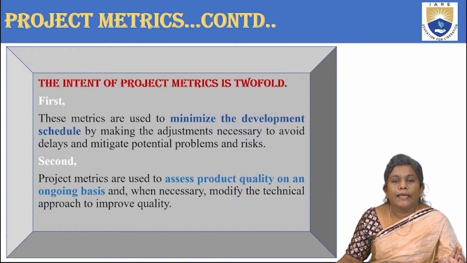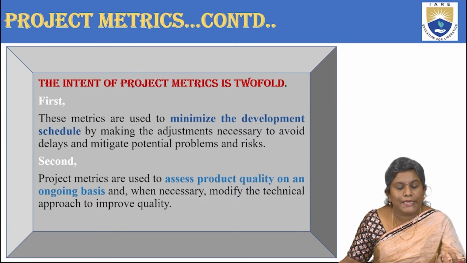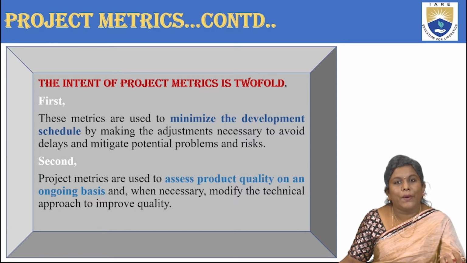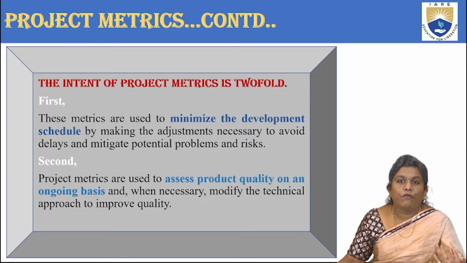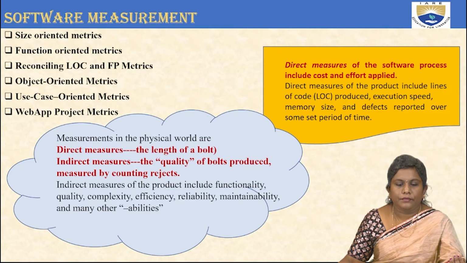So I repeat, the intent of project metrics is twofold. First, you concentrate on how you minimize the development schedule, how you adjust things and know the risks. And secondly, it focuses on product quality, which depends on ongoing monitoring of the data to improve the quality, right?